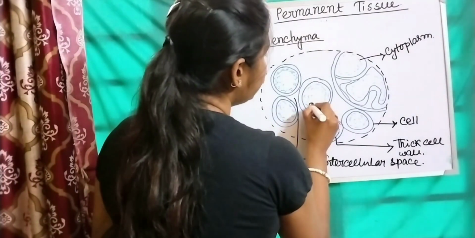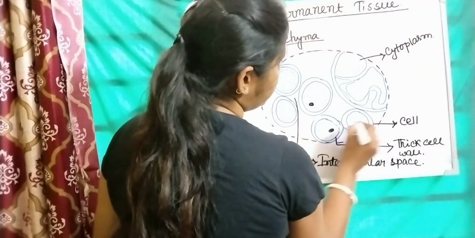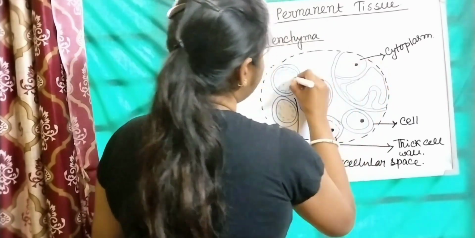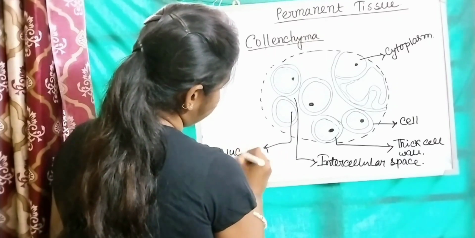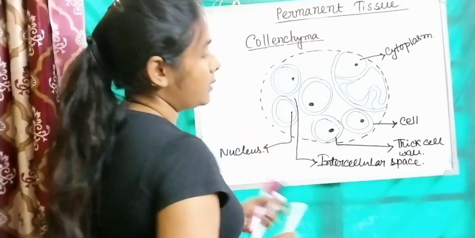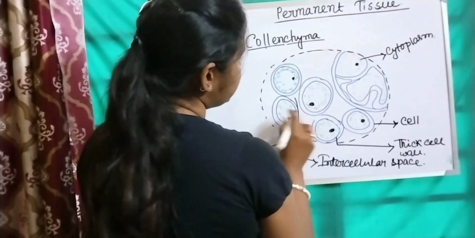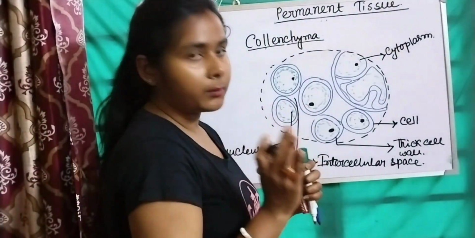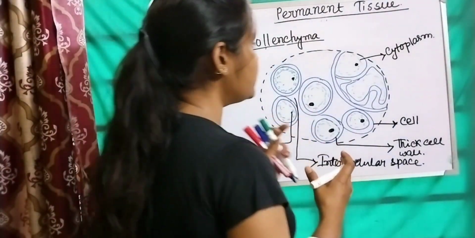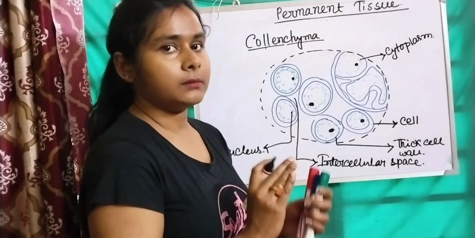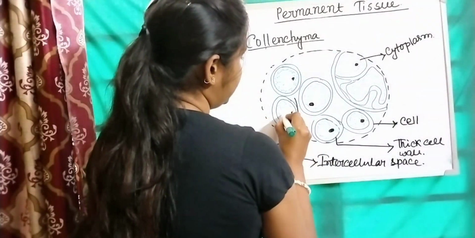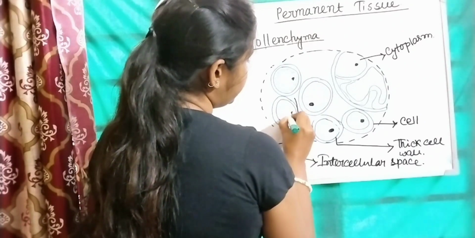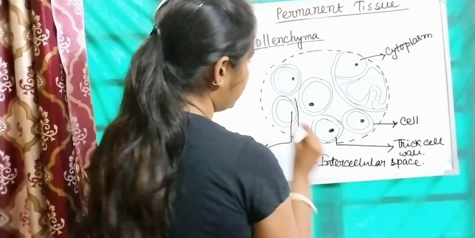Next will be about the nucleus. Again, the nucleus is present. Next, about the vacuoles. Here you can see the vacuoles are not prominent. Okay, that means mostly the vacuoles are absent, but if present, the size of the vacuoles is very small. Like here, the size of the vacuoles is very small.